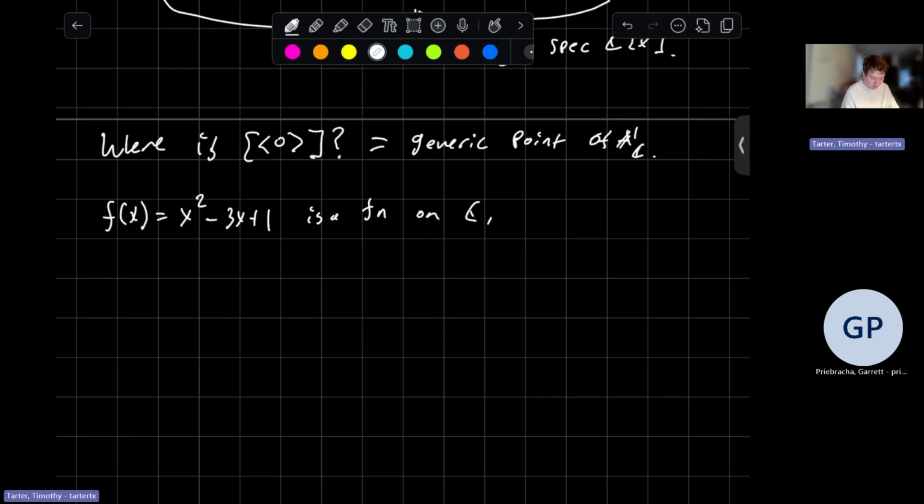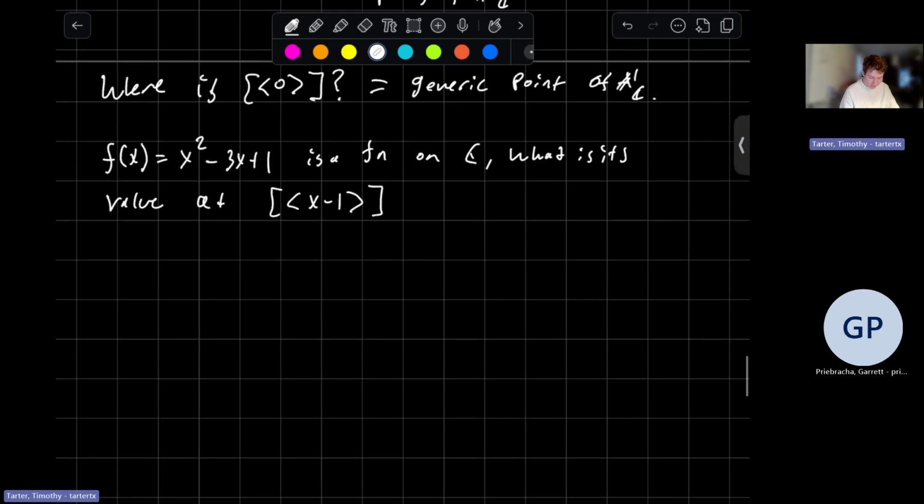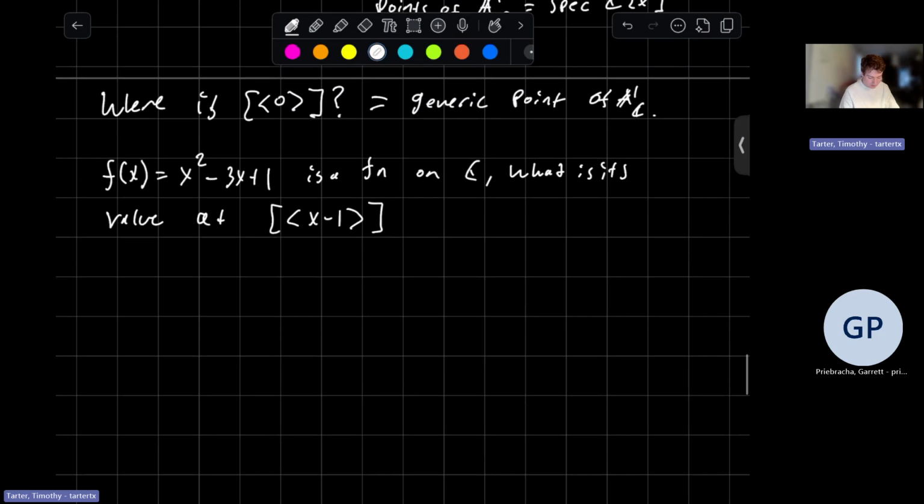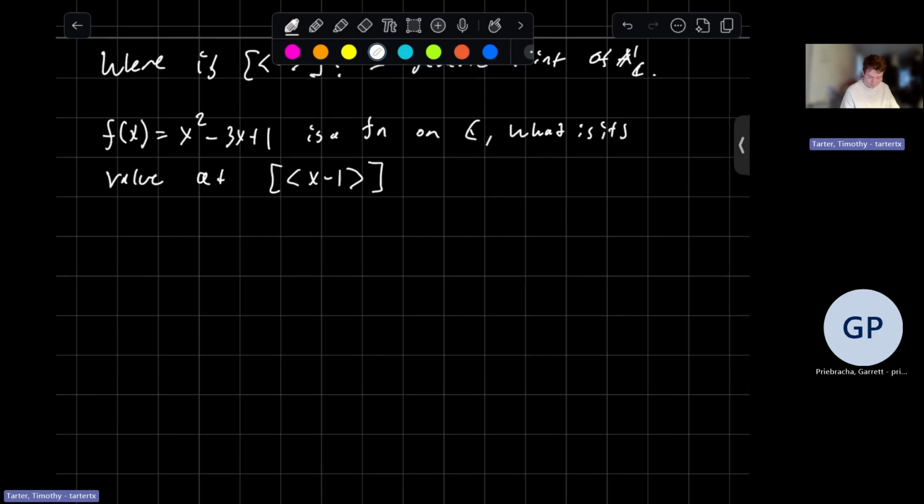Let's see, what is its value at the spectrum element, the ideal generated by x minus 1, which we think of as the point 1 in C?